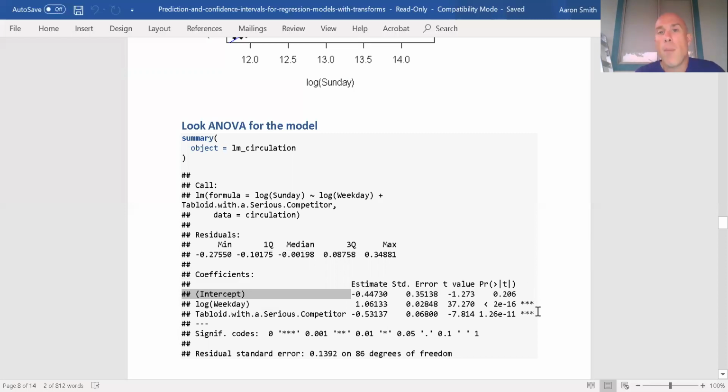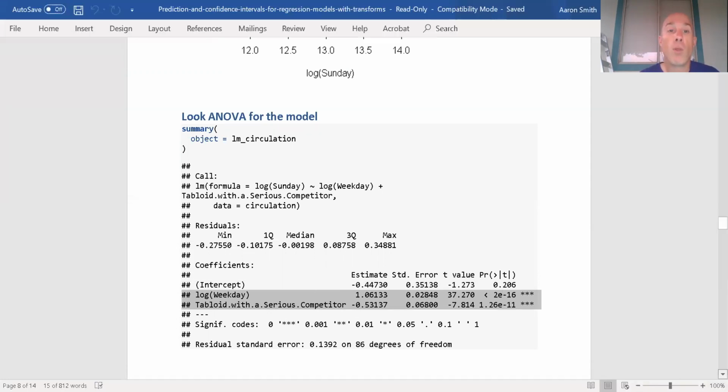I really don't understand why, but that's the convention, so I just go along with it. Here we can be pretty confident about the coefficient of log of weekday and the coefficient of tabloid, which is the shift in the y-intercept. These are pretty small p-values, so I can be pretty confident that these do not have a slope of 0, which means that they belong in the model.